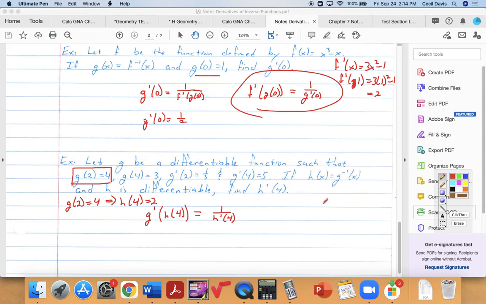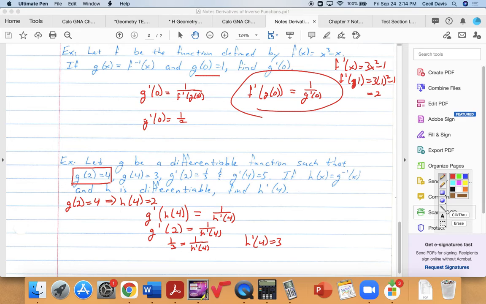Remember that with inverses, the input and the output are switched. So this is going to be g prime at 2. G prime at 2 is 1/3. So that means that h prime of 4 is equal to 3.